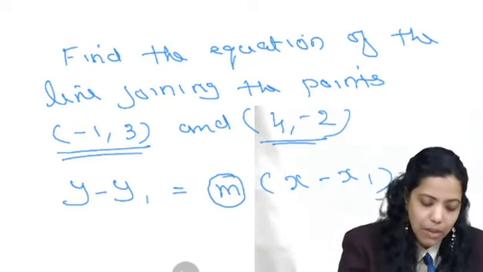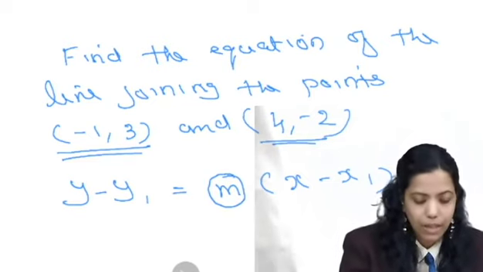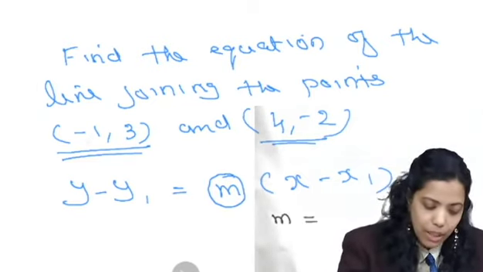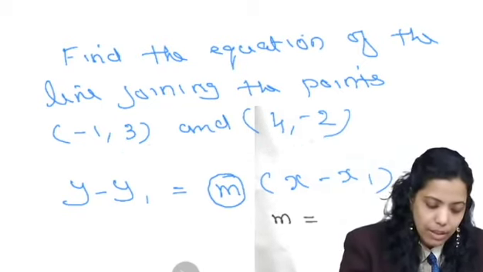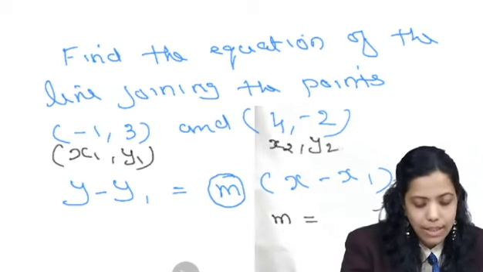So here we can find m, since the 2 points are given, you know how to find that. So I am just finding the value of m. So m equals, in the first step we can write down x1, y1 as the first point, and the second point we can note down as x2, y2.